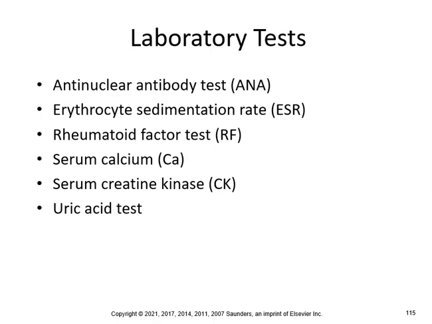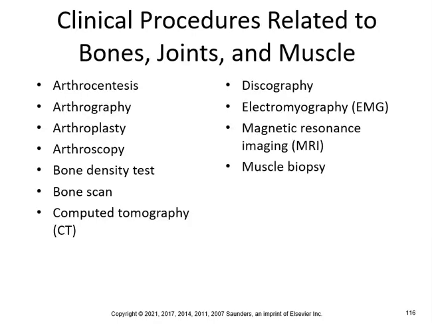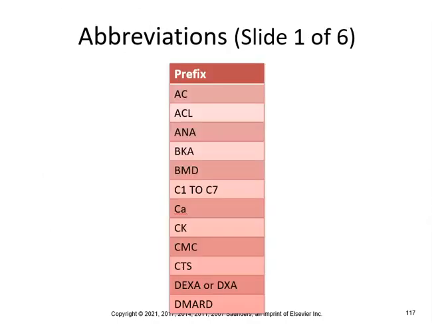You just need to know what ANA stands for, and how to spell it correctly. Clinical procedures related to bones: you can have arthrocentesis, arthrography, arthroplasty, arthroscopy, bone density, bone scan. You can have computed tomography, discography, EMG, MRI, and a muscle biopsy.